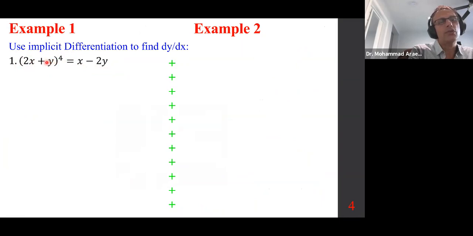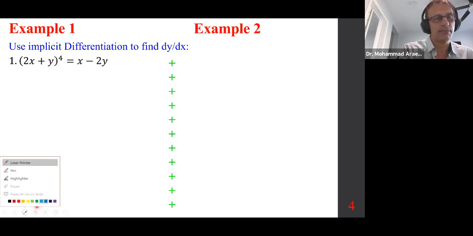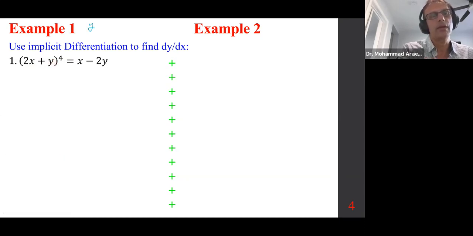And then by the chain rule, the derivative of the parentheses, you're going to differentiate 2x plus y, which results in 2 plus, now the derivative of y is either y prime or dy dx. Remember, y is the same as, in essence, g of x. So the derivative of y is y prime equals g prime of x. That's the idea.